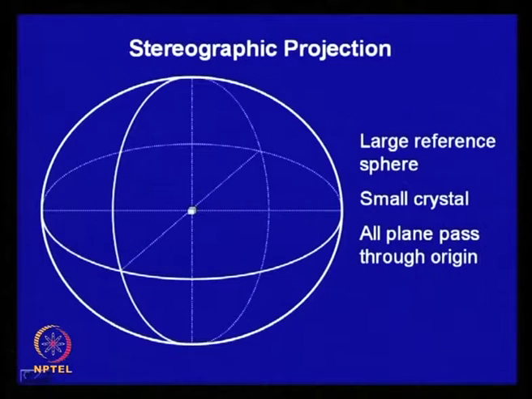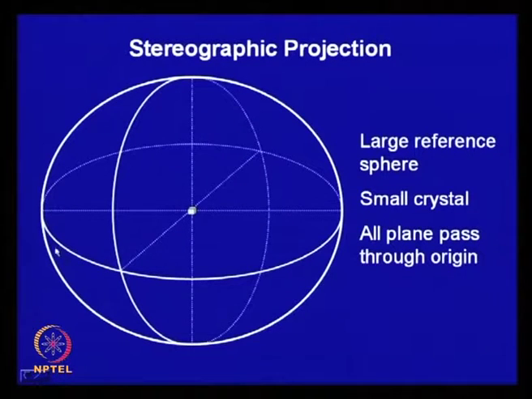You imagine the crystal to be very small, placed at the center of a hemisphere like this, and the size of the crystal is so small in comparison to the sphere that any plane that you draw here, even on the top surface or bottom surface, will coincide and pass through the center of the sphere.